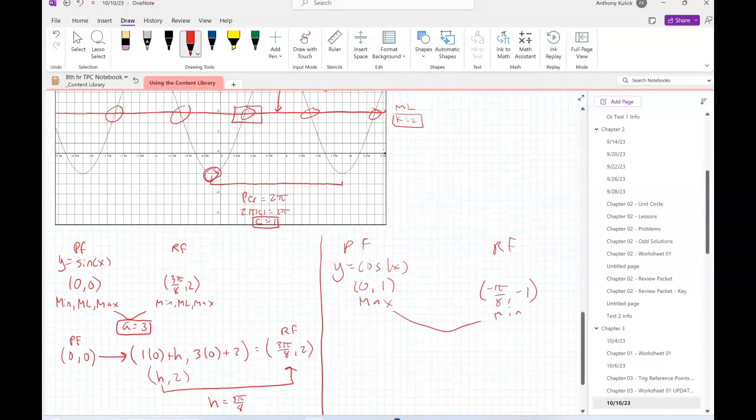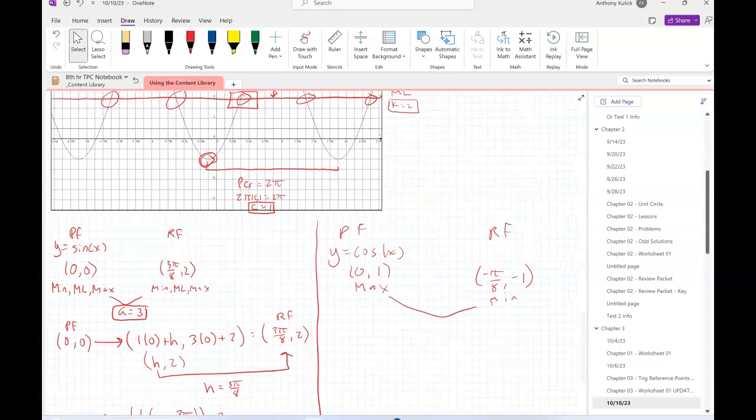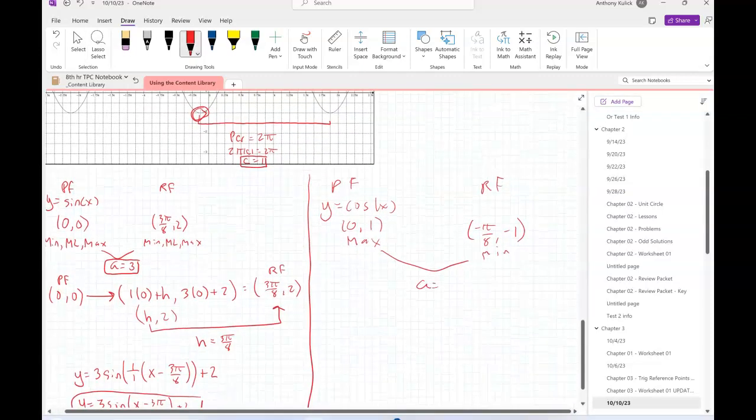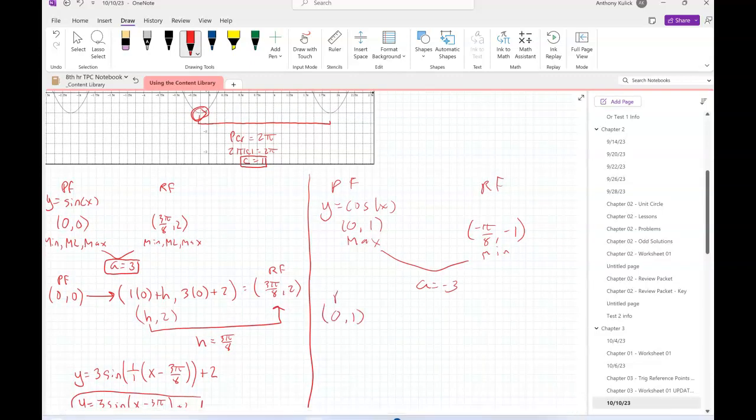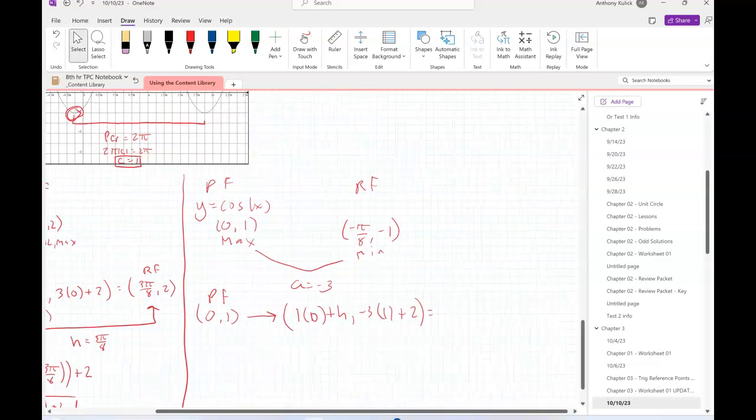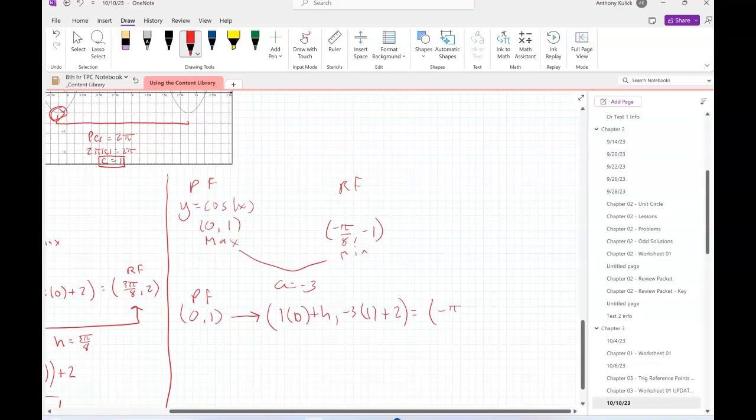What does that tell me about the a value? Negative. So we're going to take that point from our parent function and transform it, doing c times x plus h, a times y plus k, and that needs to give me negative pi over 8, comma, negative 1.